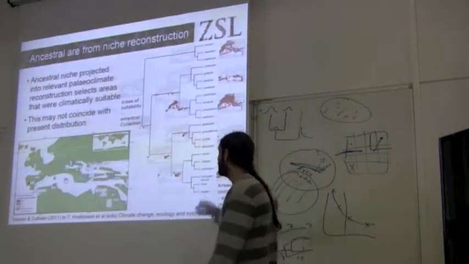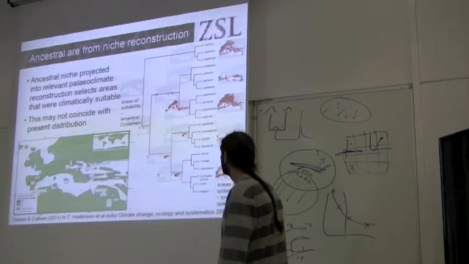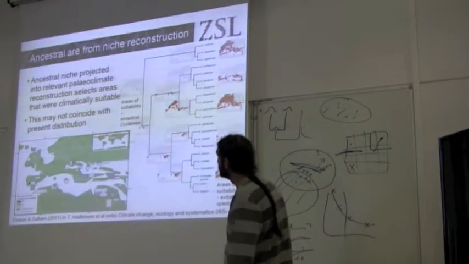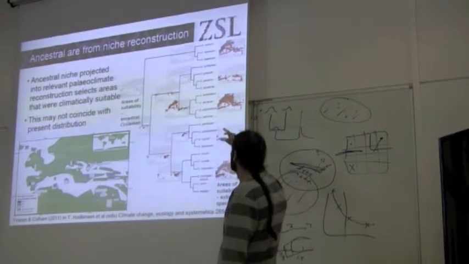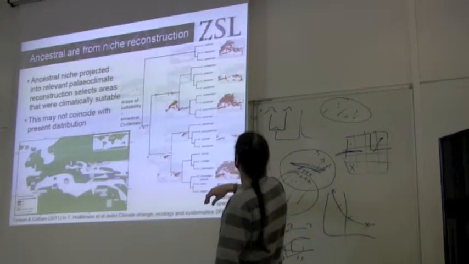Okay, so here's the same group. Okay, it's the same phylogeny just presented differently, and we can use our BIOCLIM models to look at present-day environmental preferences.